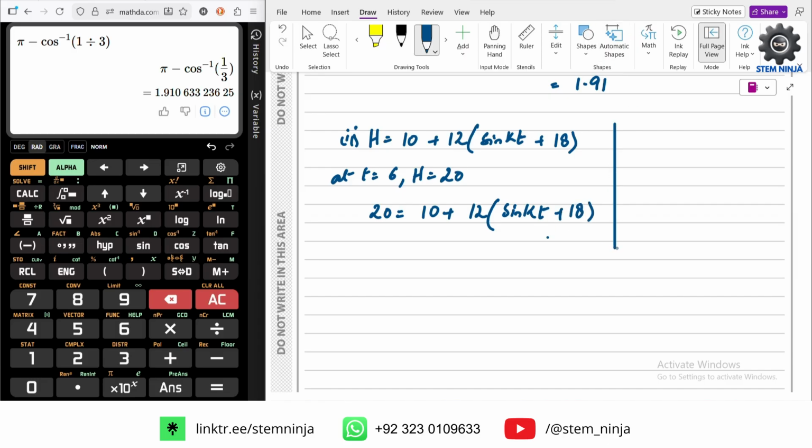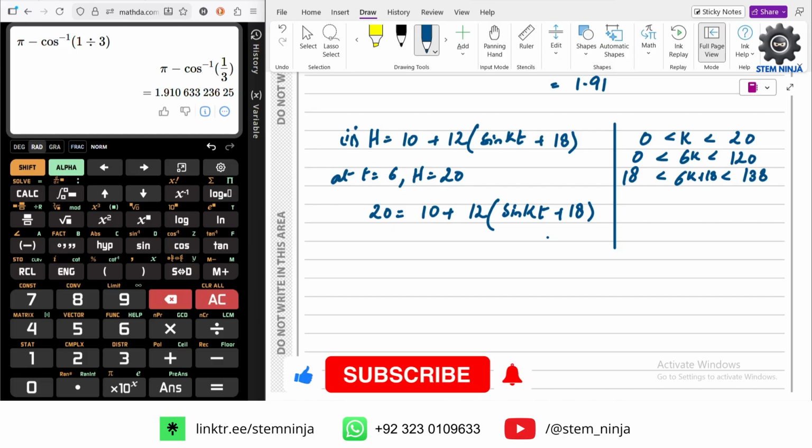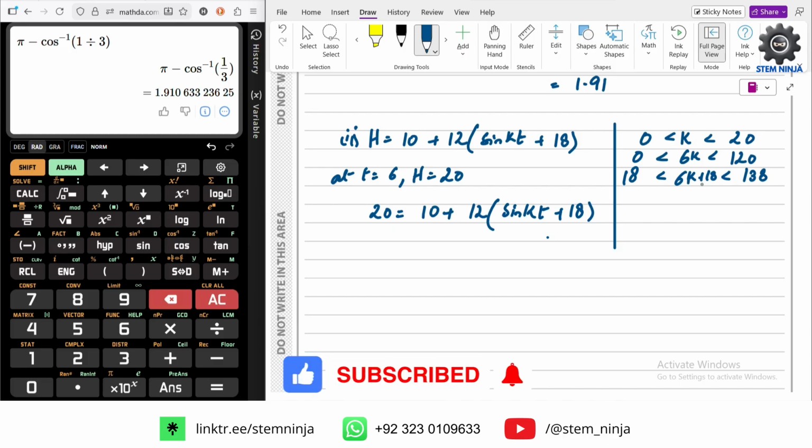Now, just to make sure that we are looking in the same range, we want k to be between 0 and 20, so 6k would be 6 times 20, 120, and 6k plus 18 would be 138, and 18, right? 6k plus 18, because the t is 6.